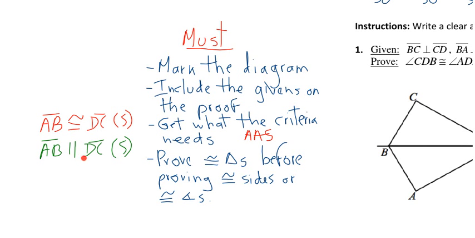Just writing an S next to it doesn't make a pair of congruent sides. So this is absolutely wrong. In order to write an S, you must have a pair of congruent sides, or in order to write an A, you must have a pair of congruent angles. Otherwise, it's incorrect.